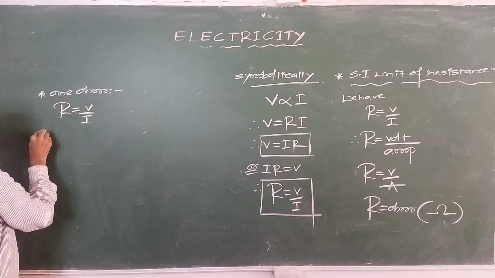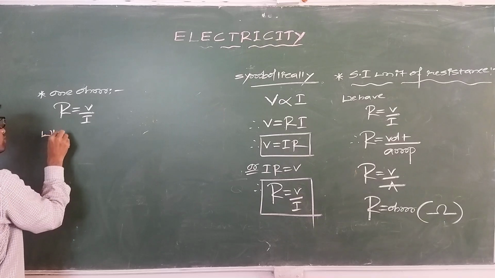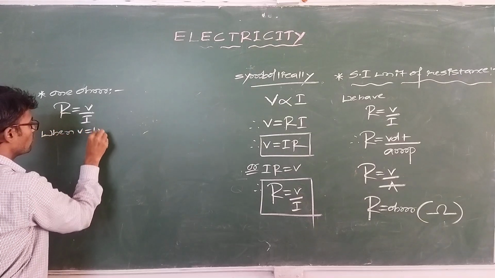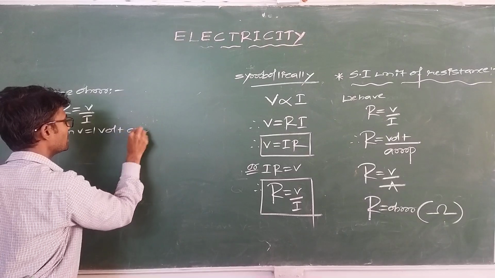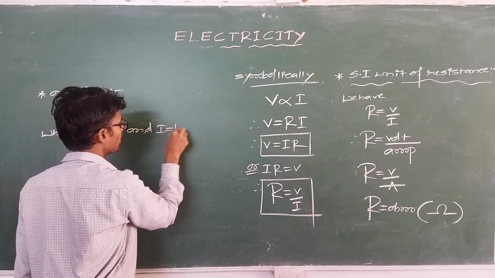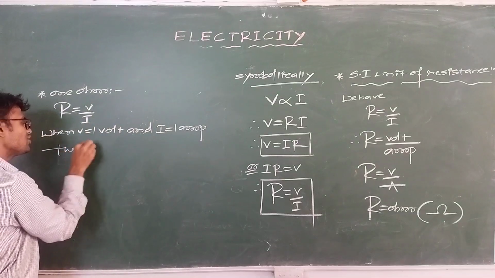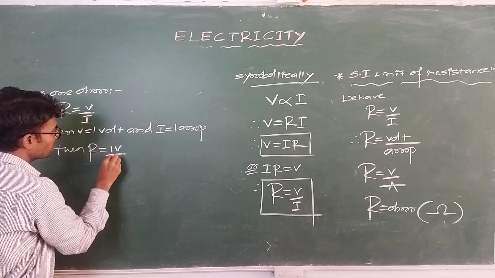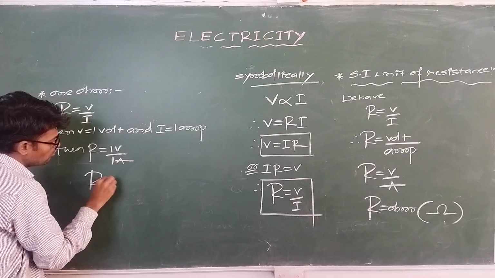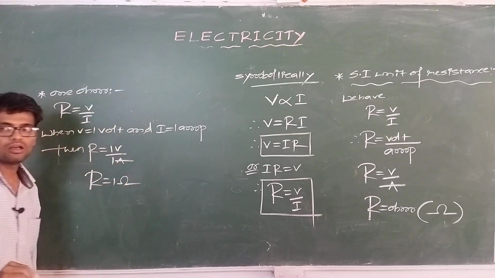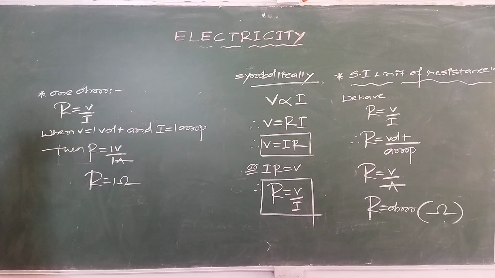R is equal to V by I. You take V equal to 1 volt and I equal to 1 ampere. Then R is equal to 1 volt divided by 1 ampere. So 1 volt divided by 1 ampere is nothing but 1 ohm.